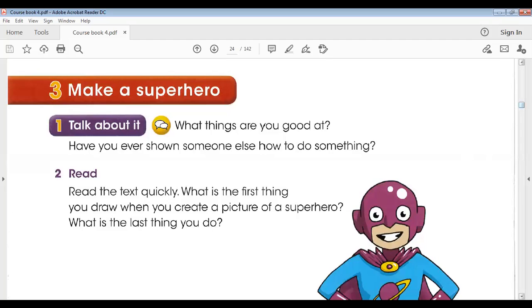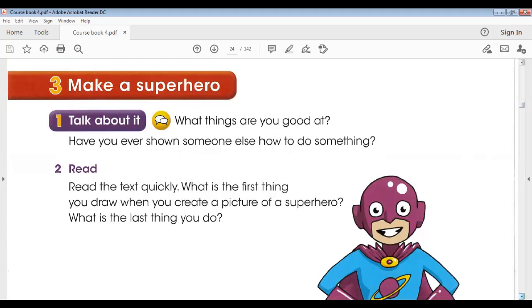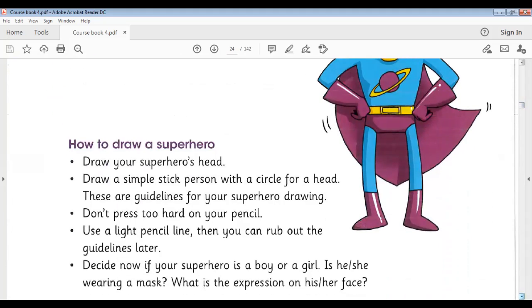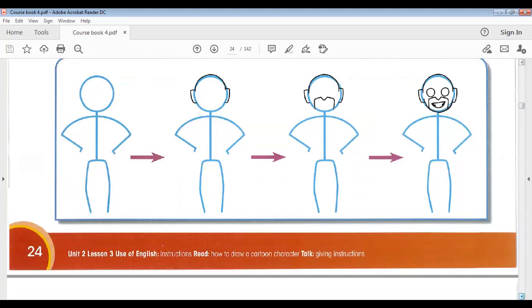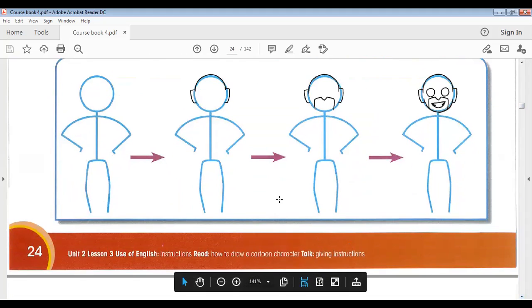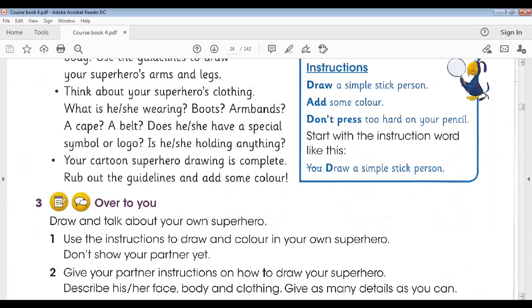After that, we continued our reading and students read these instructions on how to draw a superhero. Then we discussed the images: the first image is about making a circle to draw the superhero's head, then drawing his mask, then drawing expressions on his or her face.